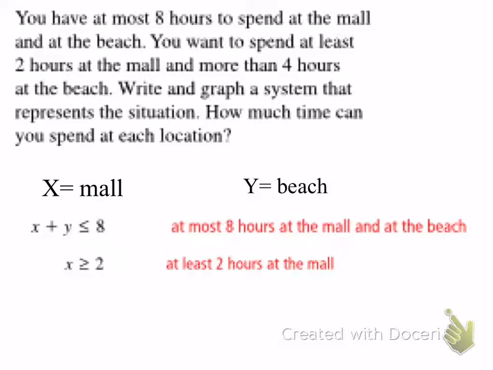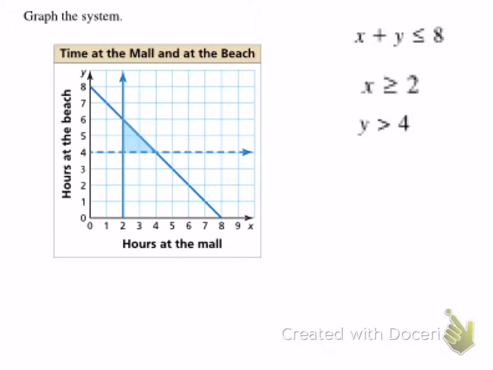And then we want to spend more than 4 hours at the beach. So that's also going to be Y is greater than 4. And now we just basically graph all 3 equations on one graph.